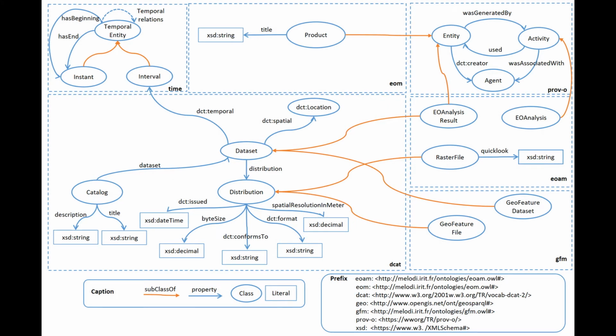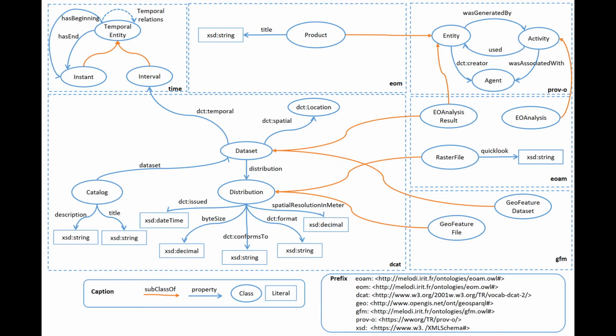The EO analysis model: Sentinel images are consumed by analyses defined by the project partners. For instance, they are the input data of various machine learning algorithms that identify changes between two images. The ontology provides a vocabulary, the EOAM model, to describe these datasets and to provide information about the way they were generated.